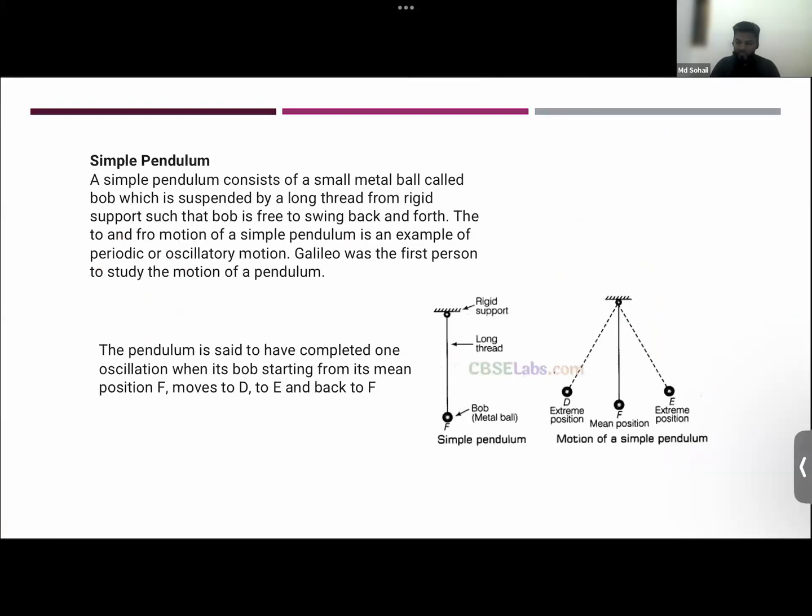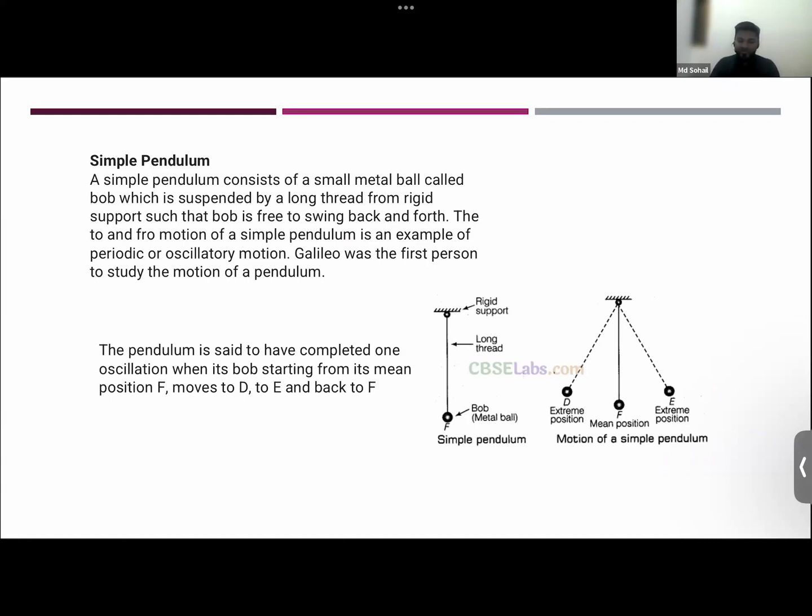Okay, now later on we discovered the pendulum, and with better modification we made some electric watches. So what does a simple pendulum work on?